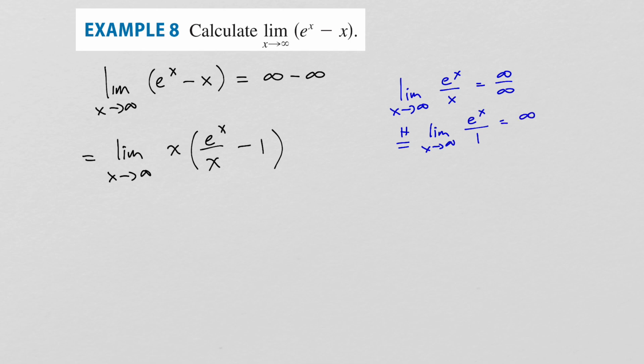And this, of course, is clearly infinity. So we now know that this goes to infinity. So this limit is, in essence, infinity times infinity minus 1. And this is infinity times infinity, which is clearly infinity.